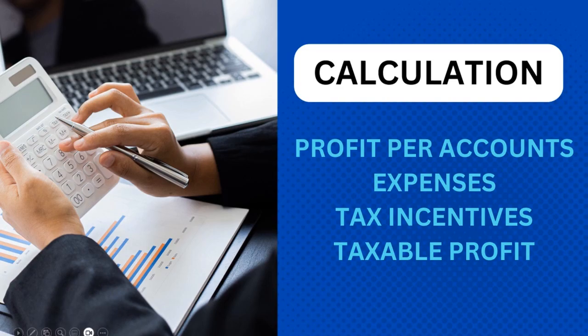The third line is tax incentives. Now, tax incentives are, as the name suggests, items that can reduce the tax bill. Generally, tax incentives, once again here in the UK, are things like asset purchases, and I believe it's the same in the US and in other parts of the world.